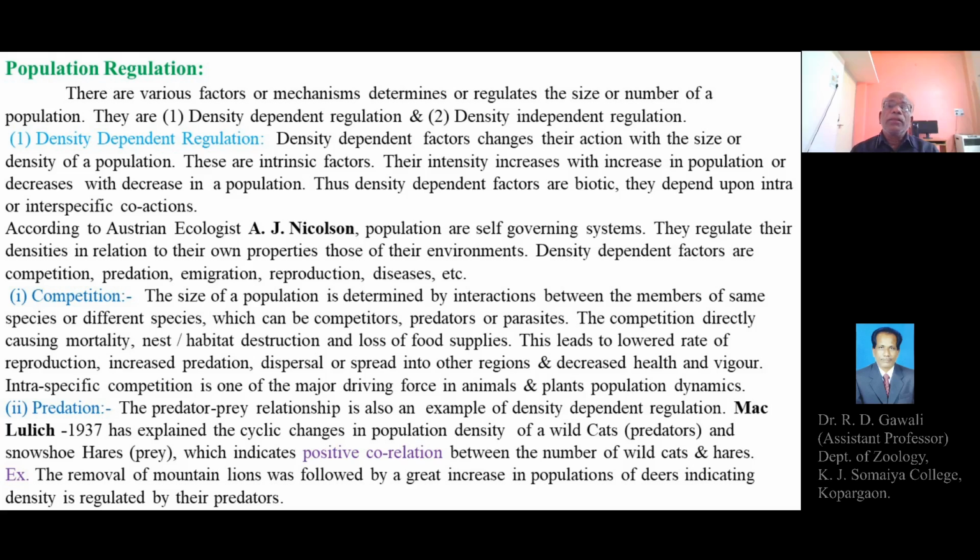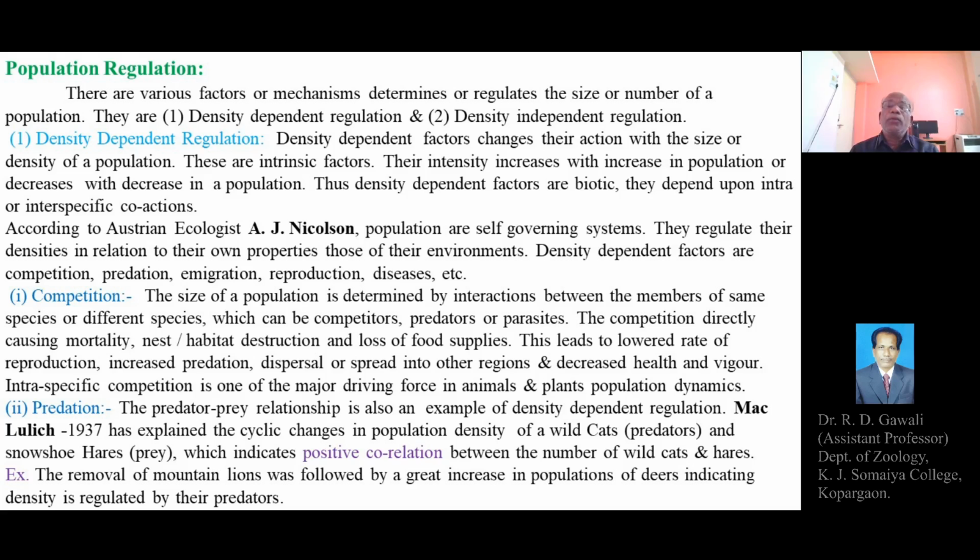This can also be termed as population dynamics. It means how the number of individuals in a population is increasing or decreasing, and how it is controlled in nature.